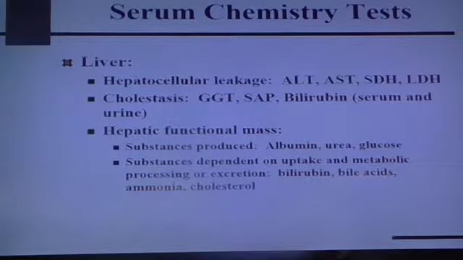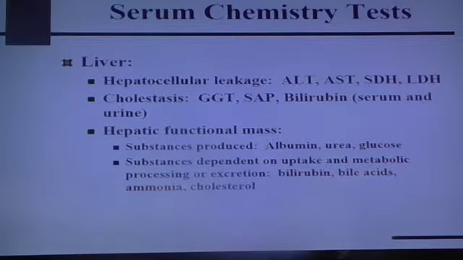SDH, sorbitol dehydrogenase, LDH, lactate dehydrogenase. These indicate hepatocellular leakage. Now, which one of those do you think indicates more severe hepatocellular leakage? ALT, SDH, and LDH are all cytosolic, almost 100%.